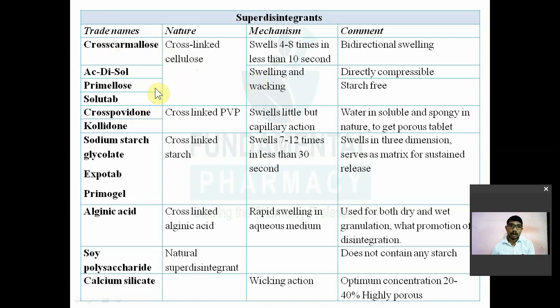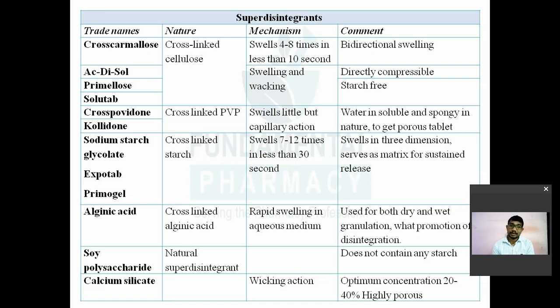Now how will it disintegrate? Whenever croscarmellose is included in a tablet and the tablet goes into the stomach, it comes in contact with the gastric juice, which also contains water. Whenever croscarmellose comes in contact with water, it absorbs the water and swells and then bursts. That is how it releases the drug.